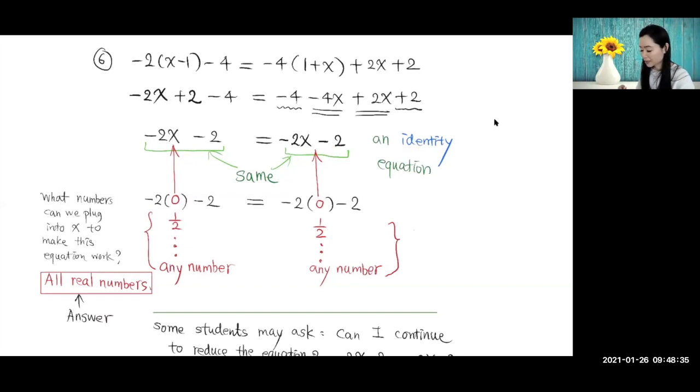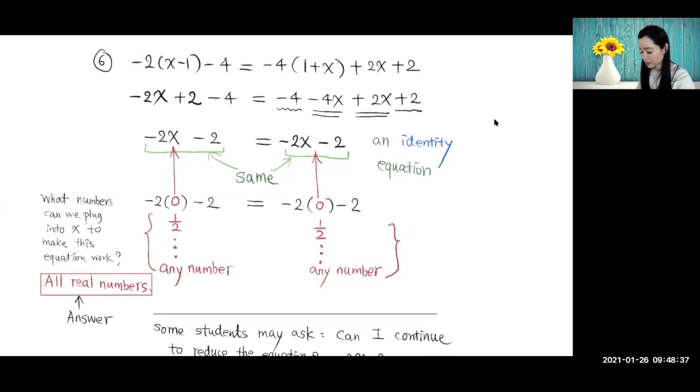Now let's look at this equation right here. What can I plug into x to make the left side equal to the right side, to make this equation true? Because they are identical, if I plug in 0 into x, will the left side equal the right side? Yes, right?